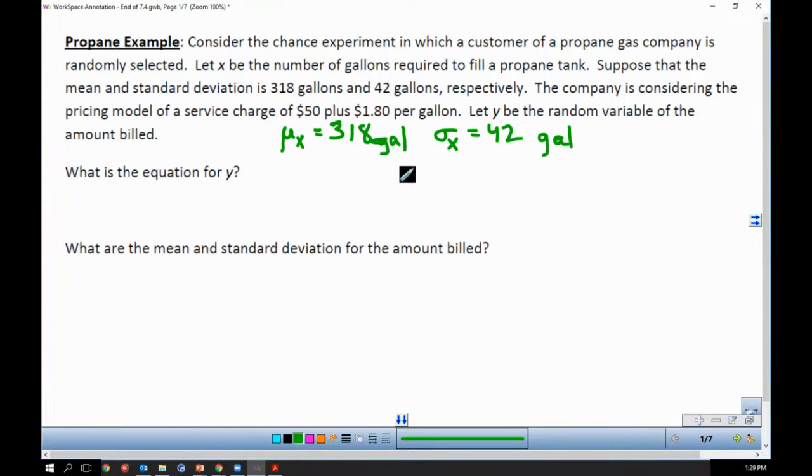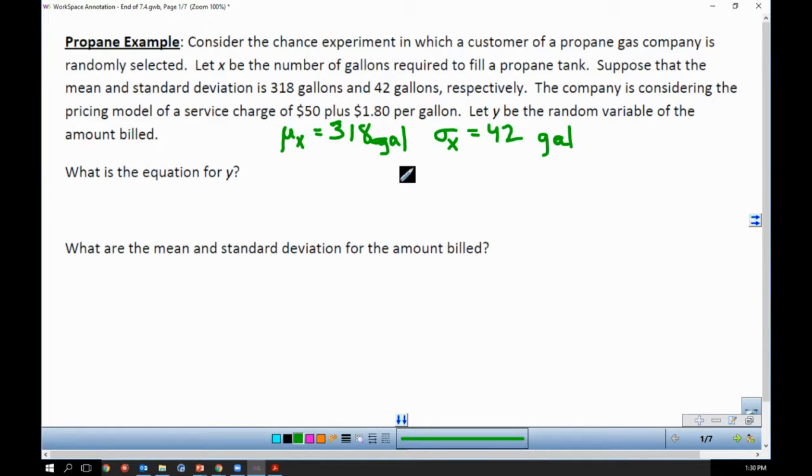The company is considering a pricing model of a service charge of $50 plus $1.80 per gallon. Let Y be the random variable of the amount billed. So how can I come up with an equation for how much they're going to bill the customer?